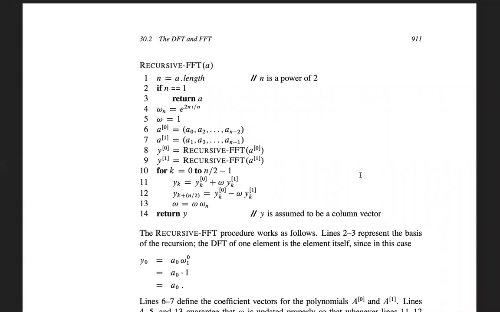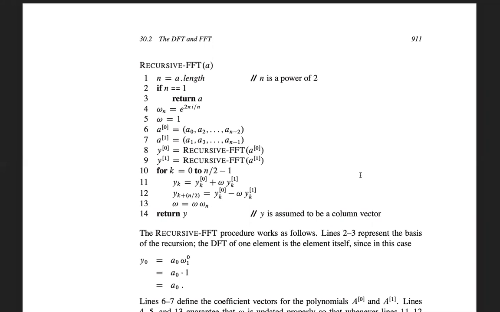But in terms of the FFT, fast Fourier transform, this is basically what happens. The first observation is that instead of writing polynomials as a set of coefficients, if we write them as a set of evaluations, then multiplication becomes easy.